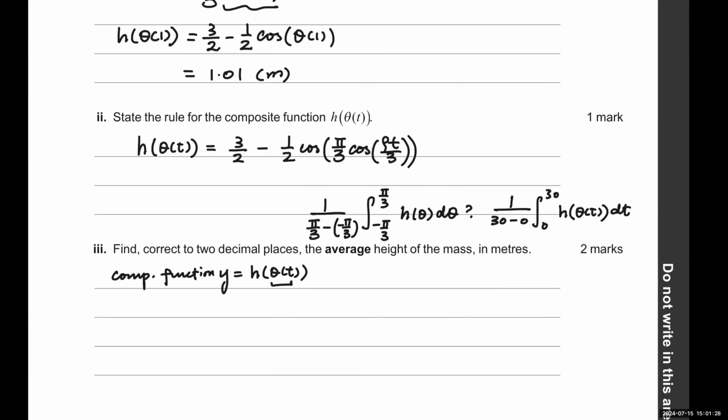Well, you need to look at the inner domain. That gives you t belongs to 0 to 30. And if you use your CAS calculator to evaluate theta of 30, I suppose you will get something like, let me have a look. Oh, this is an interesting one.